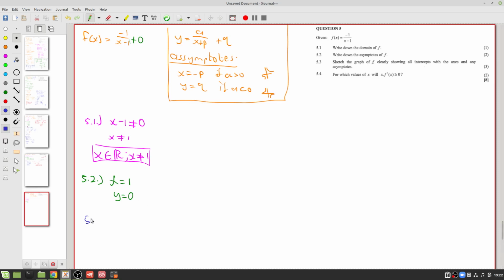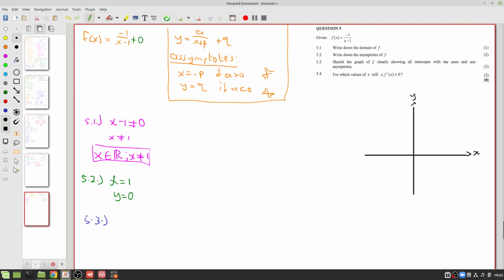5.3. Sketch the graph. Let me just draw a system of axes here quickly, and then we'll sketch it on there. Let's label it, always important: y-axis and x-axis. And then they say showing all intercepts with the axes and any asymptotes.